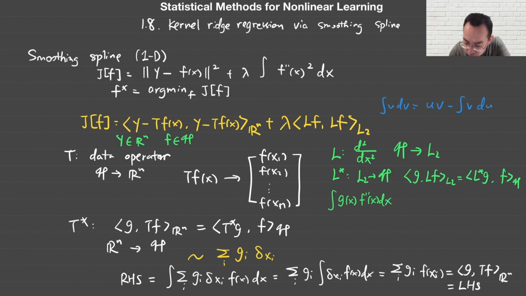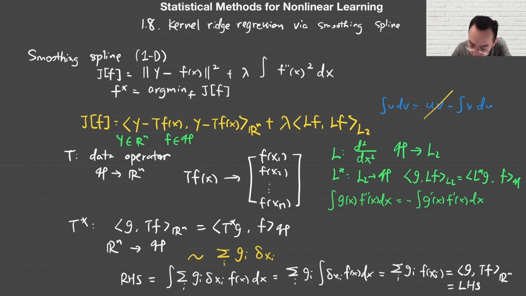So here we can just ignore this term, because that is given by the boundary condition. If we ignore that term, we'll have minus the integral of g'(x) f'(x) dx. Then we can apply the integral by parts formula again.